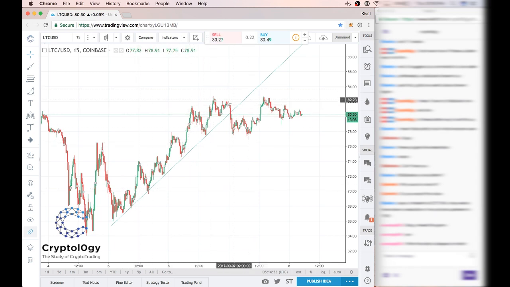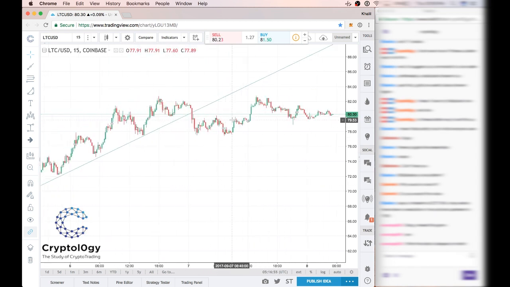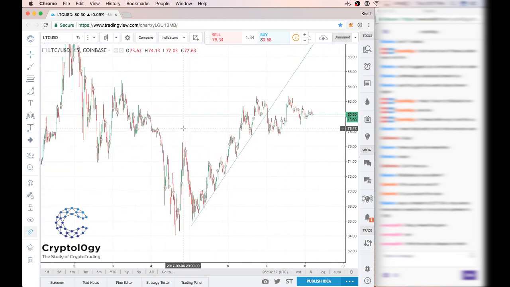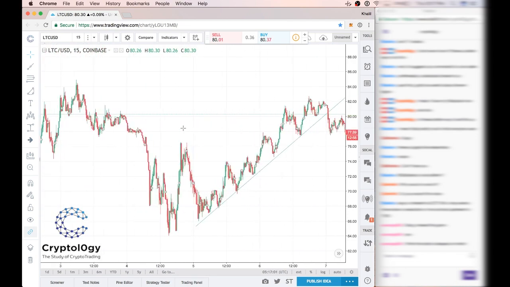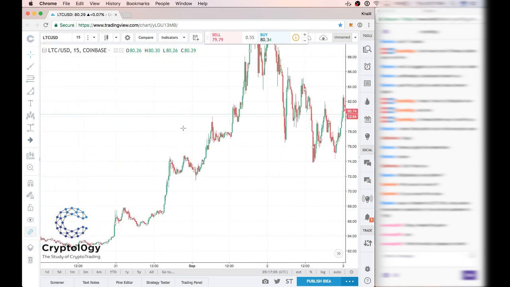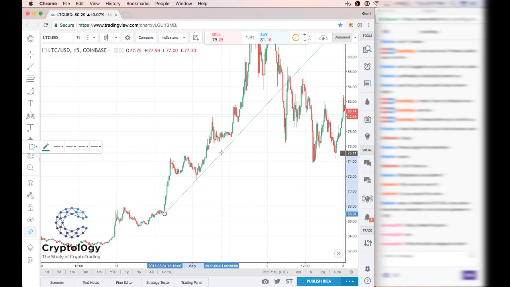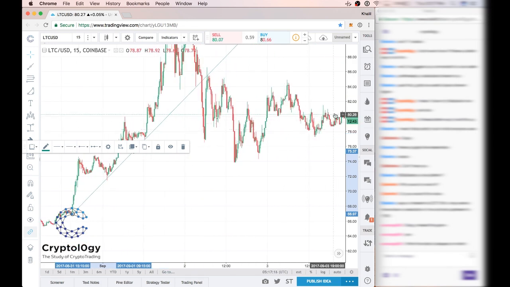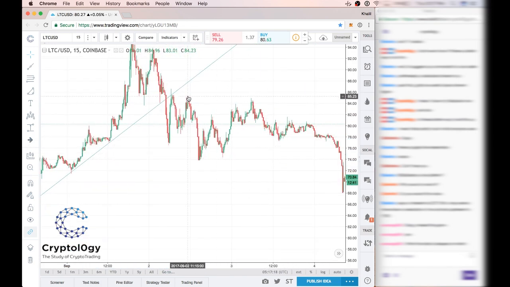This is a trend line, and then right here it broke it, and you can tell there's a quick drop. So it's fairly simple spotting trends. You just gotta practice. Just get some charts and draw up some lines. Like right here, you could see 1, 2, then it breaks it up here. So just practice.